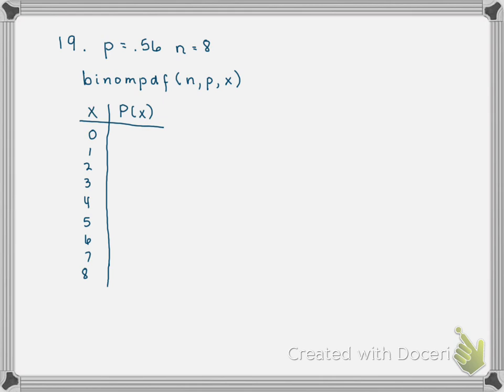So when x is equal to 0, our probability is 0.001, 3 decimals. So we'll do it again. Second 0, apps, down, down, down, down, enter. Then our n value is 8, comma, our p value is 0.56, comma, and then x is equal to 1, hit equals, and we get 0.014.